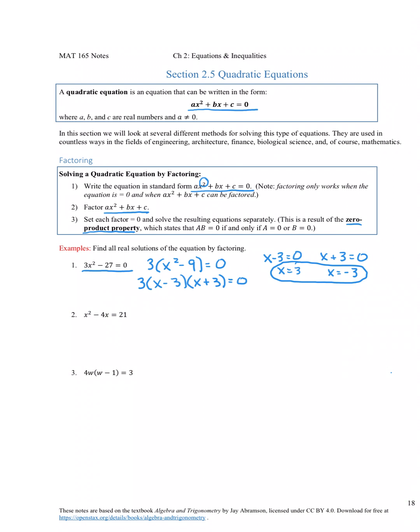Moving on to number 2. We do have a quadratic because our highest exponent is a 2 here. However, our quadratic is not equal to 0. So we are going to subtract 21 from both sides in order to make sure that this quadratic is set equal to 0. There we have it. Once it's equal to 0, go ahead and factor.